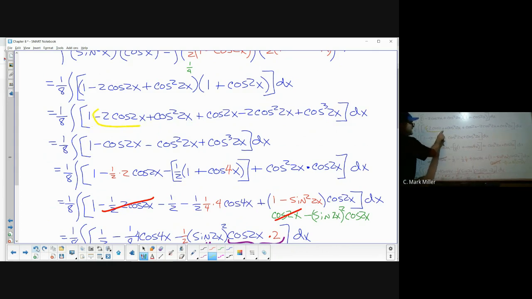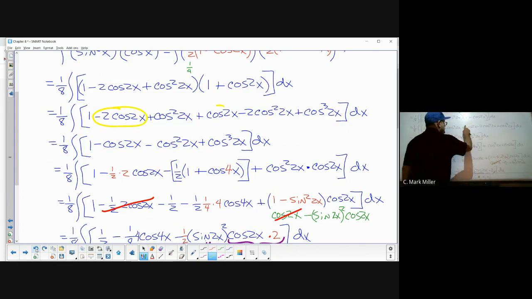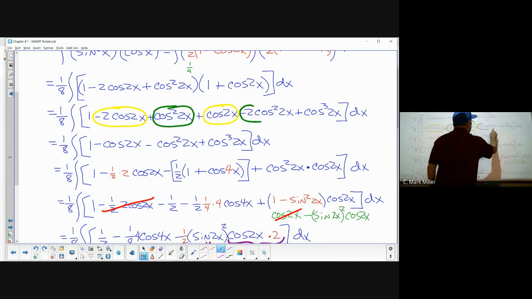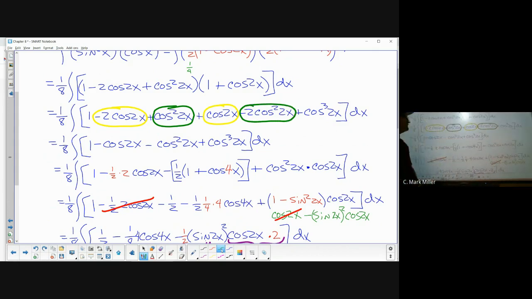This guy, this guy, and this guy combine. And then this guy and this guy combine. And so we wind up with 4 terms instead of 6.